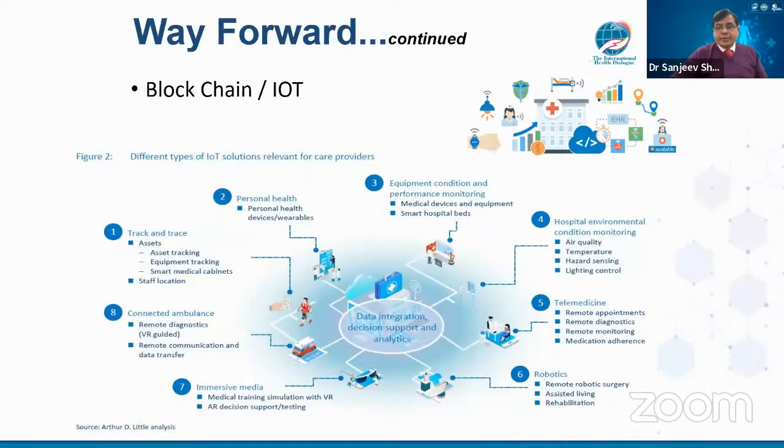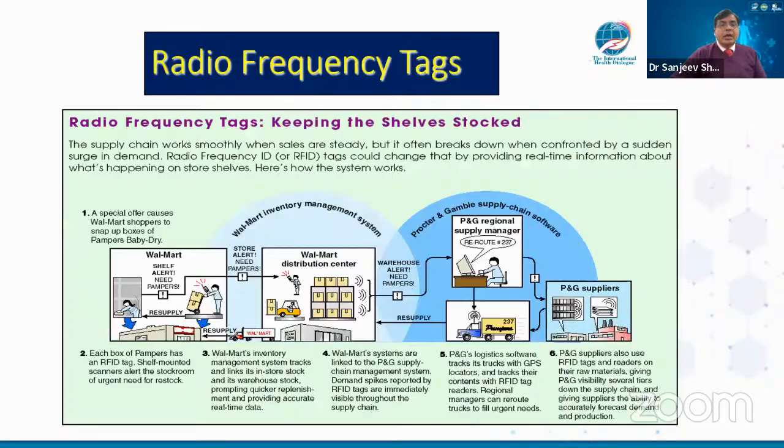The way forward in supply chain is basically blockchain and IoT, Internet of Things, which is coming very fast. I'll give you one example: the radio frequency tag. You can really see this happening in Walmart.